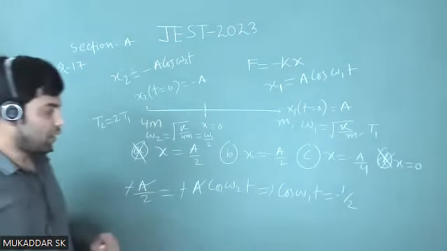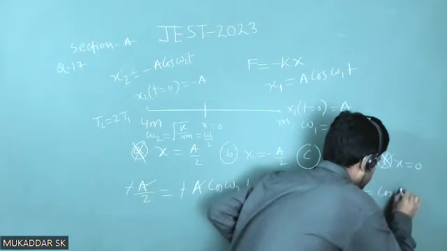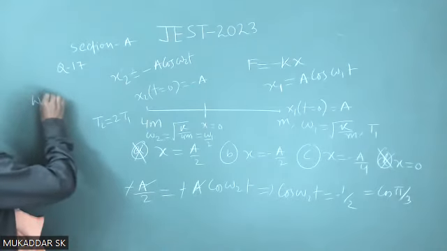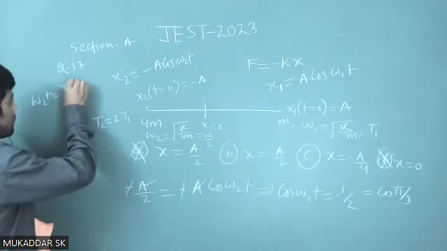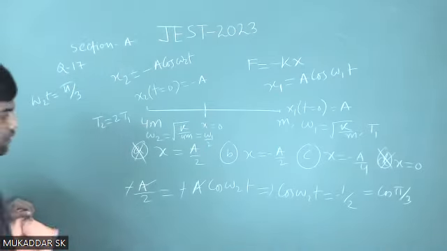And 1 by 2 means what? You will have cosine of pi by 3. It means omega 2 t equals pi by 3.